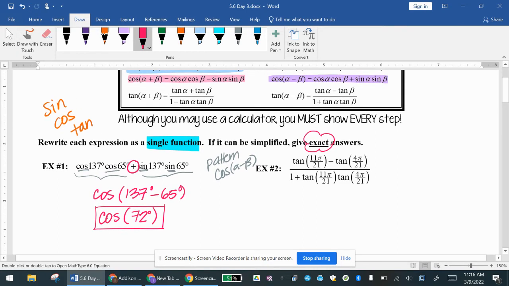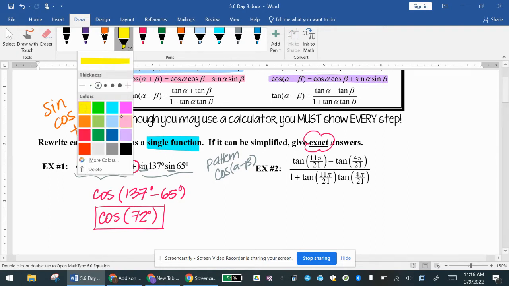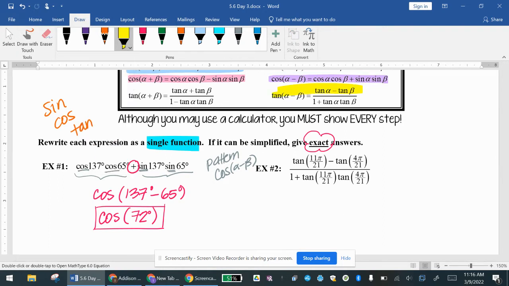All right, for the next example, we've got tangent of 11 pi over 21 minus tangent of 4 pi over 21, et cetera. As I start to compare to the patterns that we've been working with, it looks like this is the difference of two angles, the tangent of two angles. I noticed that the numerator has a subtraction, so that means the original problem was tangent of alpha minus beta.